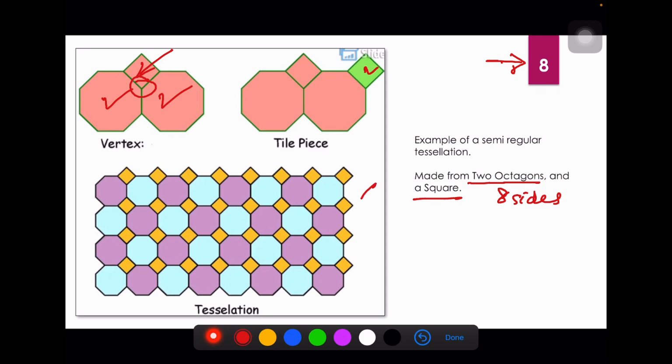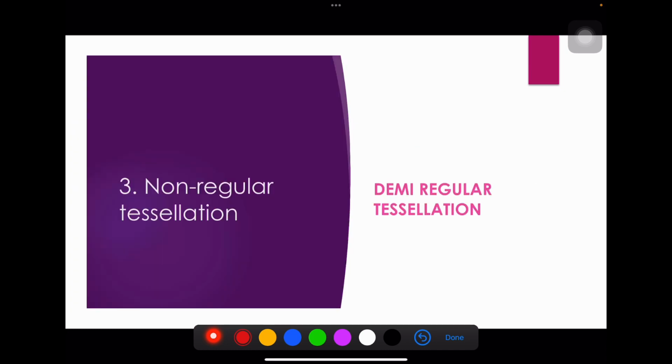Then you will get this kind of tessellation pattern. So those are semi-regular tessellation patterns where they are made up of more than one regular polygon. They are made up of several regular polygons.